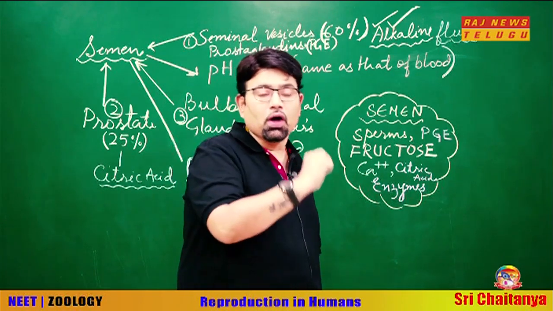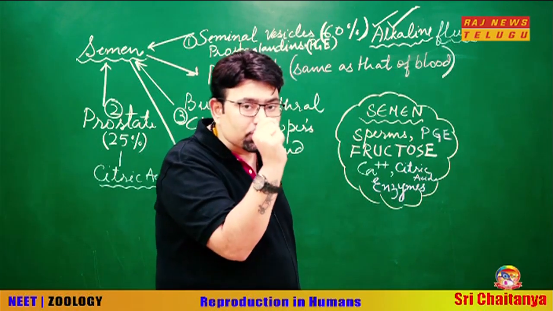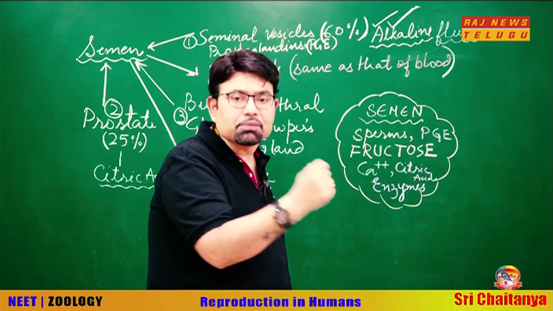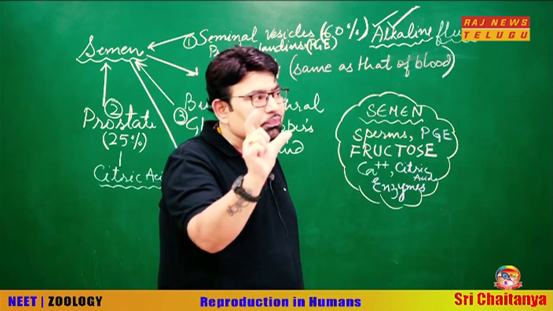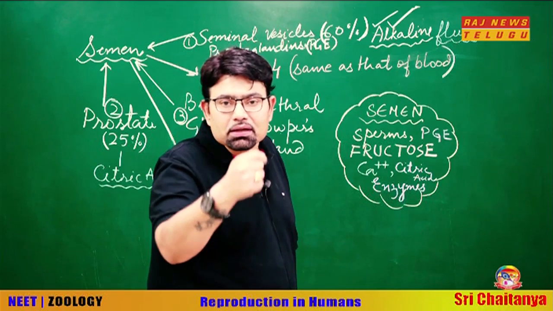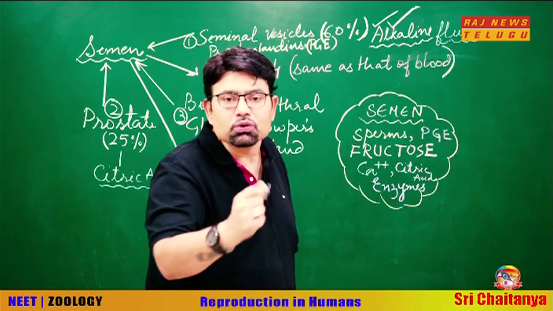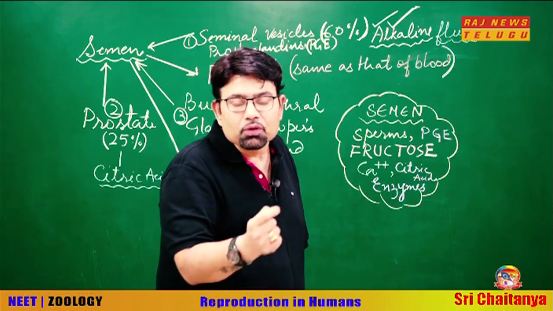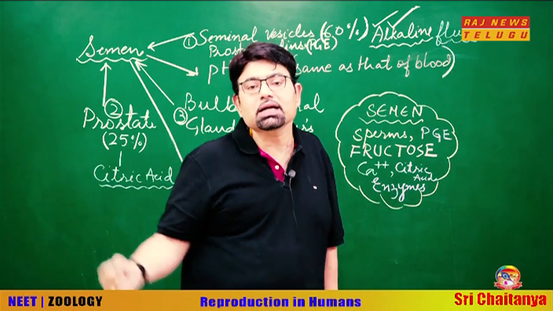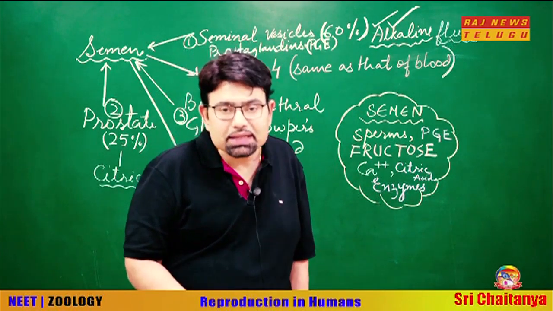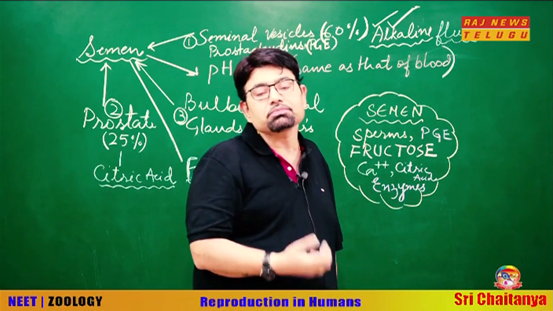Now, how can this important fact be utilized in forensic medicine? The word forensic means pertaining to law, legal, where the law and medical sciences are combined, and medical science is helping the law.